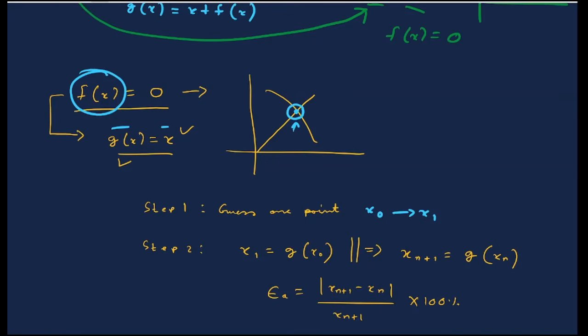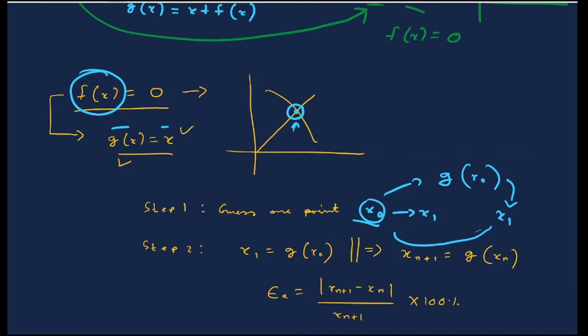So we will start with one guess, that is x naught, and we put the value of x naught into this function of g. That will return a value x1, and then we can plug x1 into the function. Then we can plug the value of x1 into the g function again, and that will give us x2.